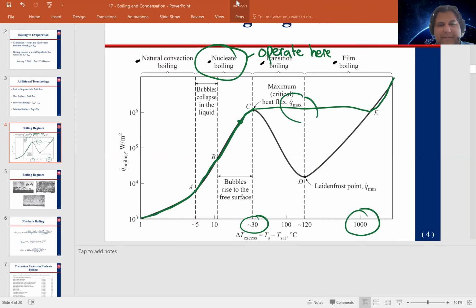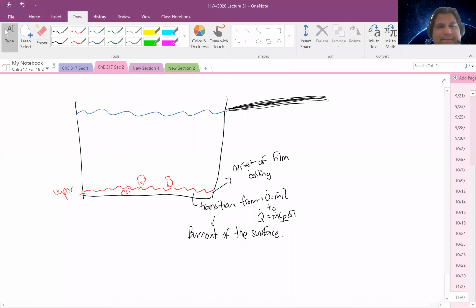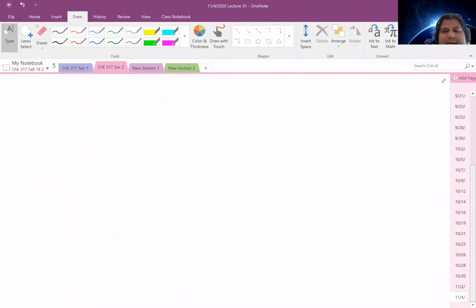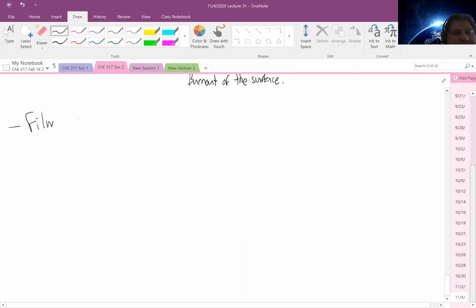And so to wrap up, summarizing this, I can say for film boiling, we have a stable vapor film between the solid and liquid.